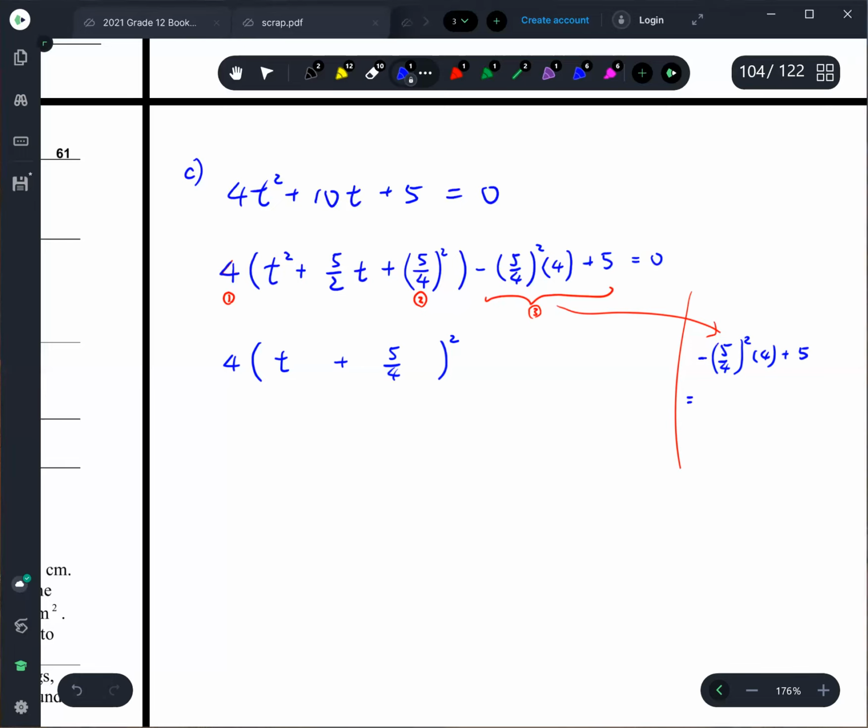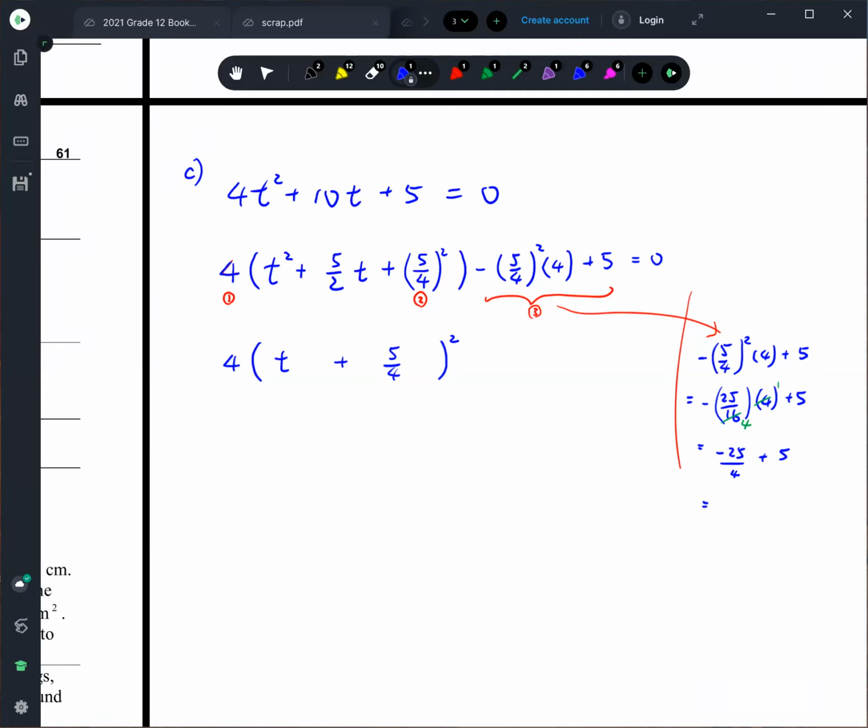You follow the order of operations, so you have to do the exponent first. That will give you 25 over 16 times 4 plus 5. And then the 4 and 16 can reduce each other, making it 1 and 4. So that will give you negative 25 over 4 plus 5. Have the common denominator: negative 25 over 4 plus 20 over 4.